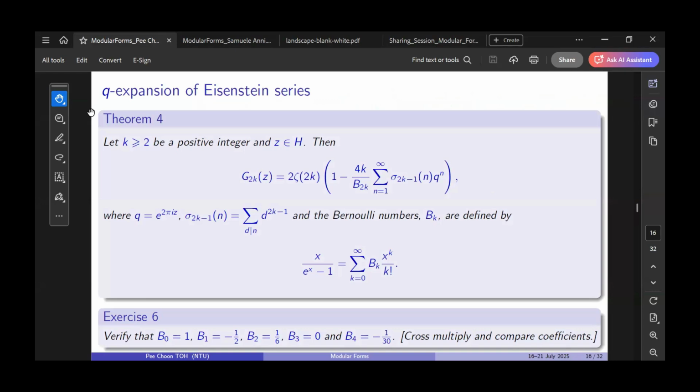So G2K is a modular form with weight 2K. This is quite important, you know. And the fact that we have this explicit form means that we can expand it.